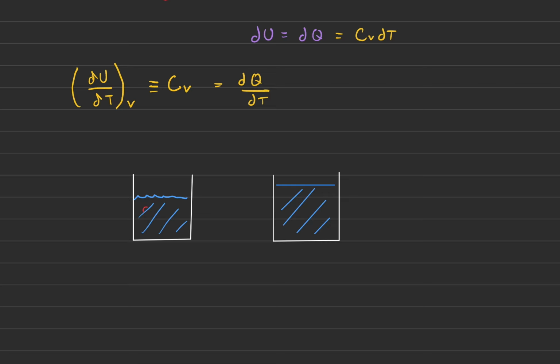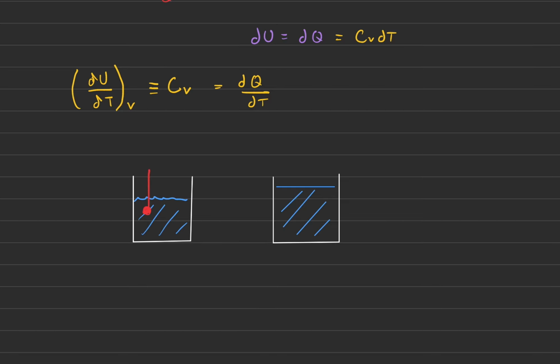Again, let's put our thermometers in here at each point. And we're measuring the temperature as we add heat. And again, let's put our heat coil. So we're adding heat and measuring the temperature the entire time.